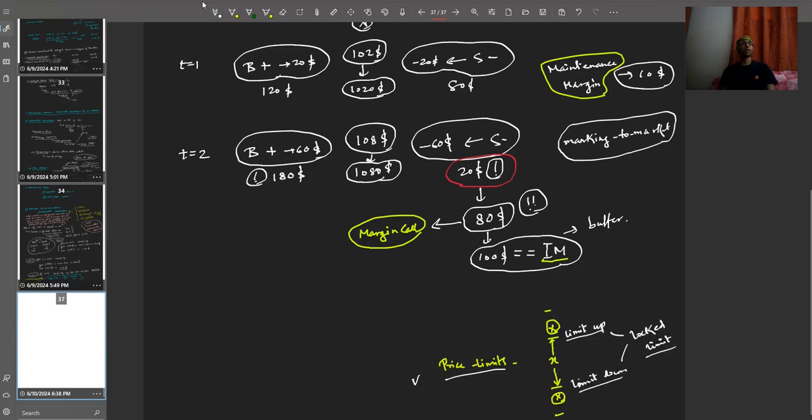So let's say at t is equal to 3, the price of the stock went to 90. Suddenly there is a sharp fall.